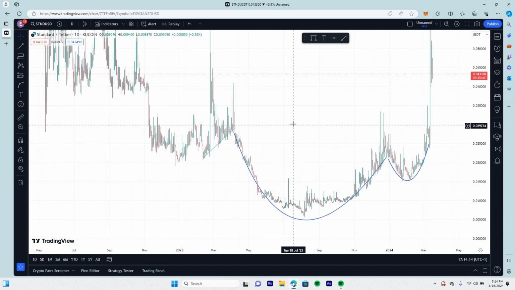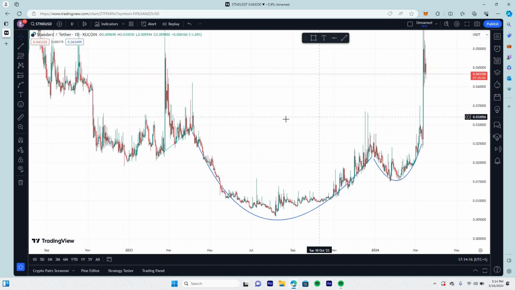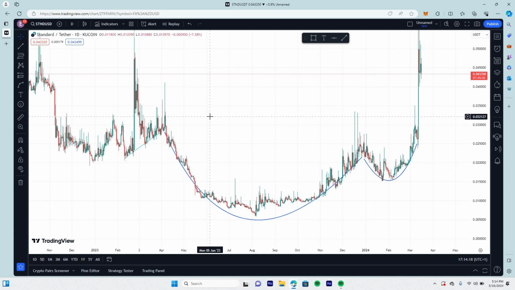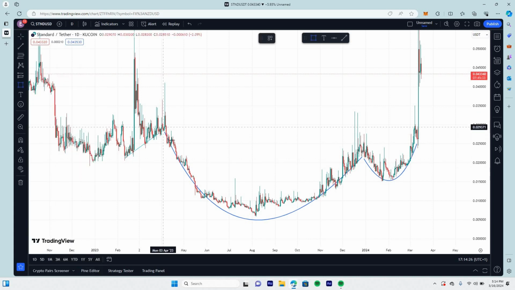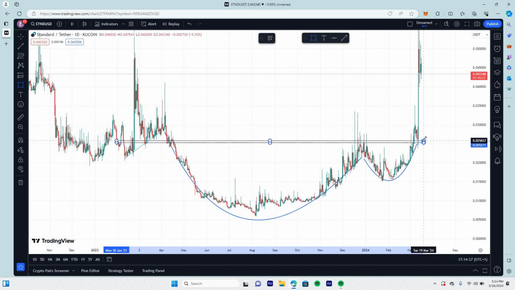And so let's just look for support zones and some resistance zones that were formed in this pattern. If we look somewhere around here, yes, we could see a lot of support and resistance zones around here.